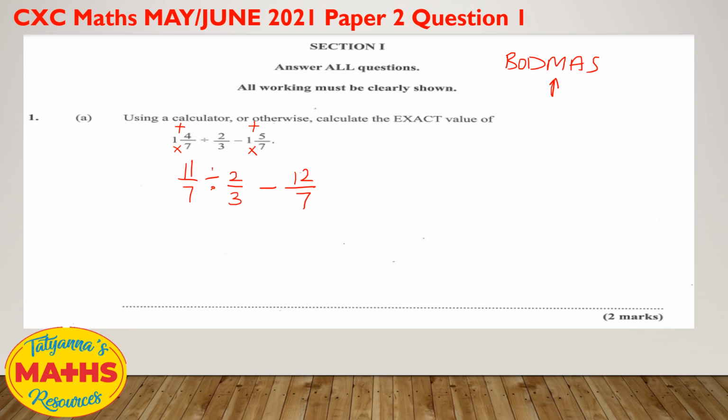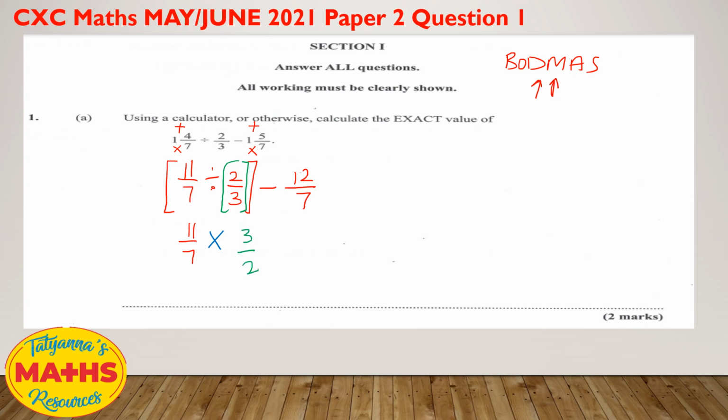Before multiplication is division, then multiply, add, subtract. So here we have a division, so we're going to put this in brackets. So we're going to get 11/7. The division sign is going to become a multiplication sign, and then you're going to flip this fraction. It's going to become 3/2.